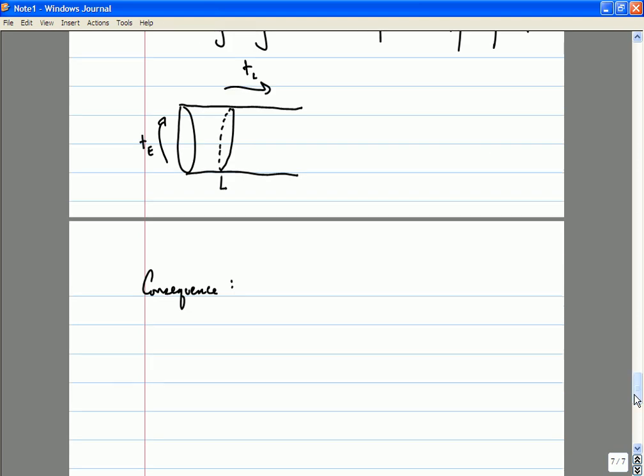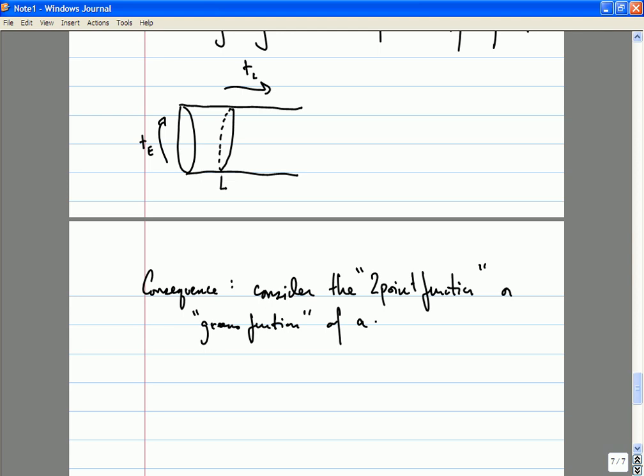So let's consider the two-point function, or Green's function, of a system describing a particle moving in one dimension, for example. So how do I define that two-point function? Well, it's the expectation value of x at 0 times x at t.